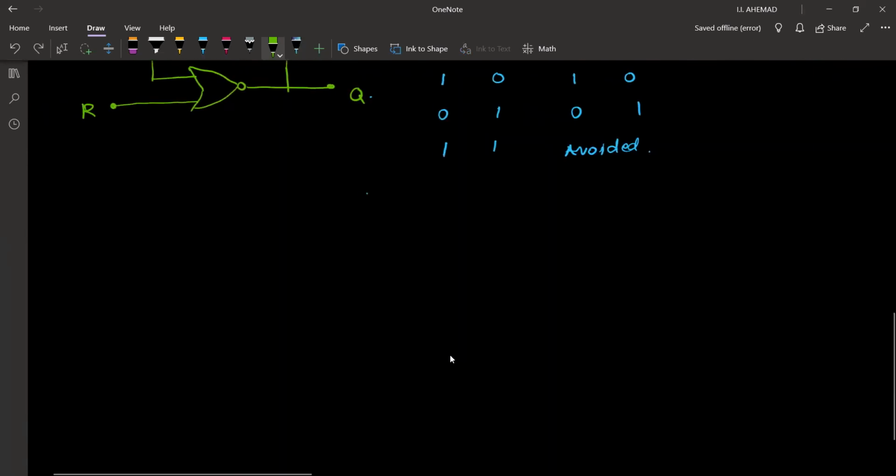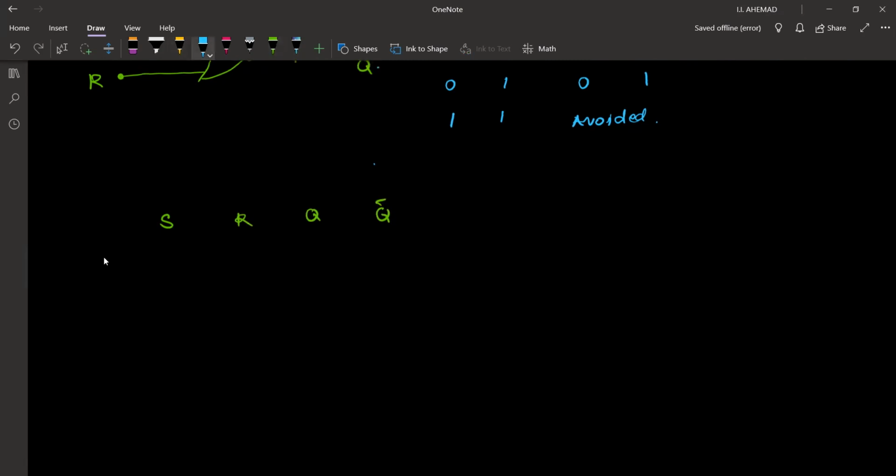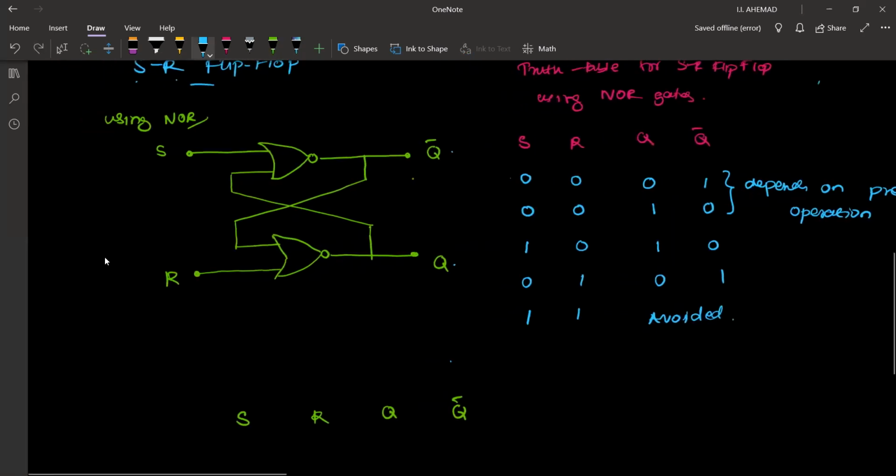So next, let's understand. For now, we have only filled the truth table. Next, let's understand how this actually works. Again, I will draw a truth table, which is the common order we use to fill. Initially, I'll provide a value for set.